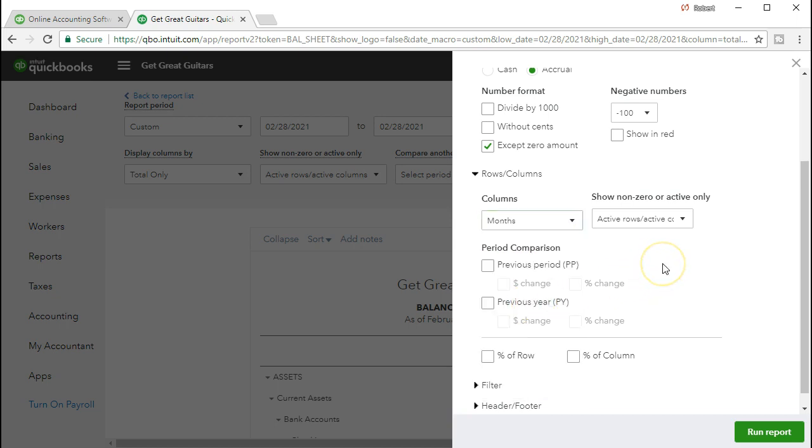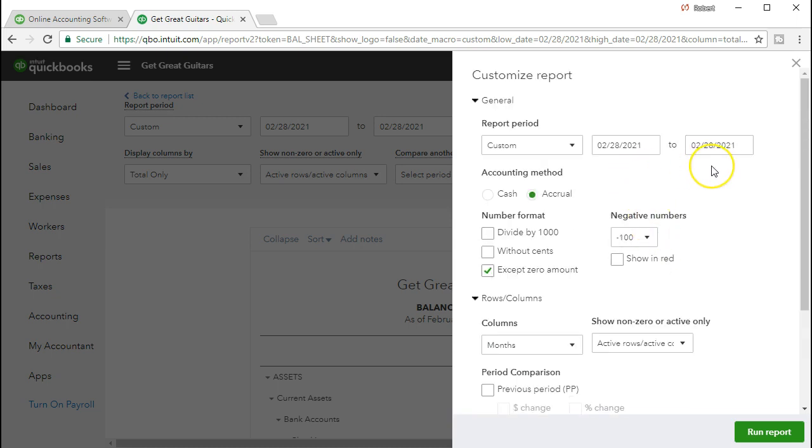And what that'll do is it's going to say whatever the range is, we want to break out the months of that range. So if we were to have, for example, January in this date range through February, there'd be 2 months involved, and QuickBooks would take the end of those 2 periods, meaning January 31st and February 28th, the end of the 2 months, and compare those two.